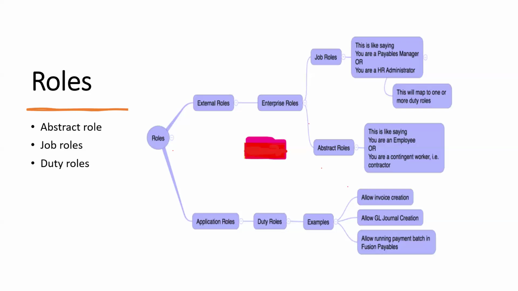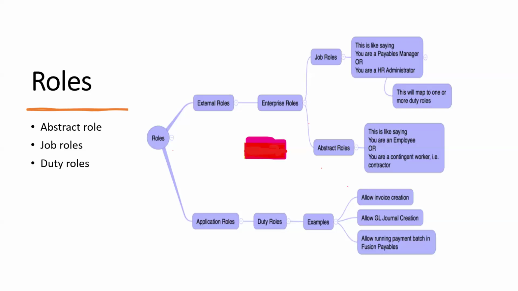And abstract role. In every organization, if you compare an associate employee and a director, they both are employees, but they both will have one common privilege, called the employee privilege. So this associate level employee can see their personal information and employment details, salary, pay slip details, and investment details, everything.